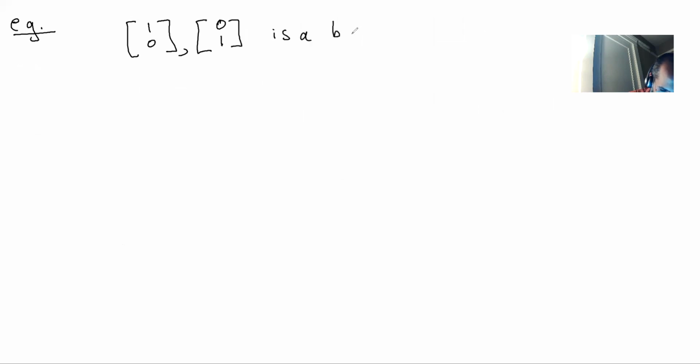Is a basis of R2, which is a subspace of itself. Right? R2 is a subspace of itself. Why? Well, the span of these vectors is R2, and they're linearly independent. Here's another basis.